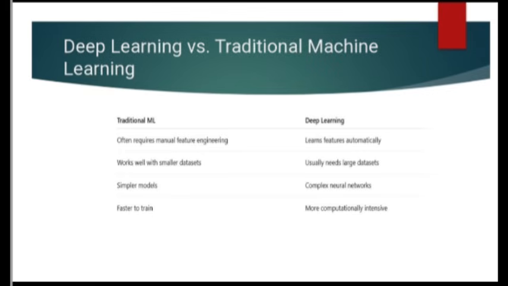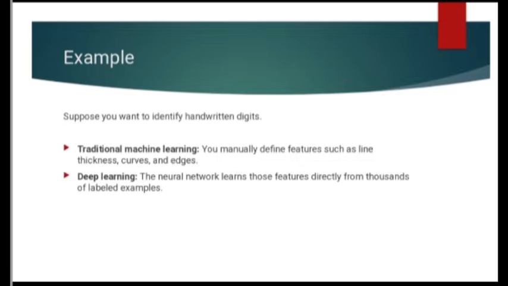But human faces are extremely complex. People wear glasses, people grow beards, lighting changes, facial expressions change. Writing rules for every possible situation is almost impossible. Deep learning solves this problem by learning patterns directly from examples. Instead of programming rules, we provide data and allow the system to learn. This is why deep learning has become so successful.